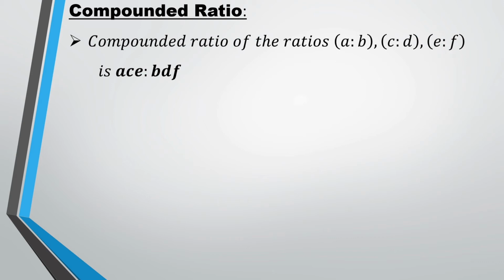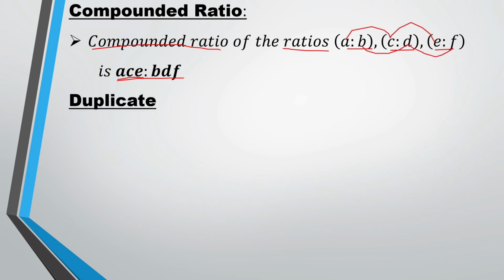So the compounded ratio is nothing but the ratio of three ratios, that is A is to B, C is to D and E is to F. If anyone asks the compounded ratio, then it is nothing but the product of all the first terms, A, C, E, in the ratios is to the product of the second terms in the ratios. That's it. It's very easy.